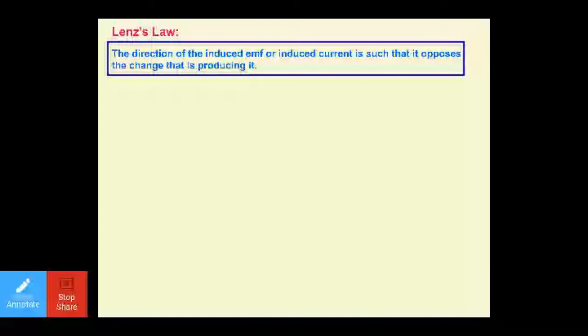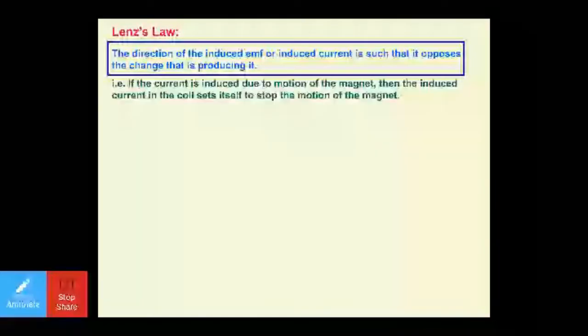You'll have to remember one thing, that whatever is causing the induced EMF, induced EMF is opposing the same thing. It means the induced EMF always opposes the cause of its production. If the cause of production is a clockwise current, induced current will be anti-clockwise. It means induced current will be opposing the cause which is producing it.